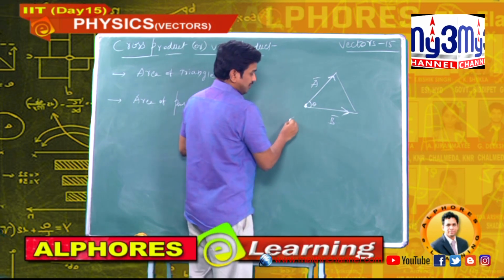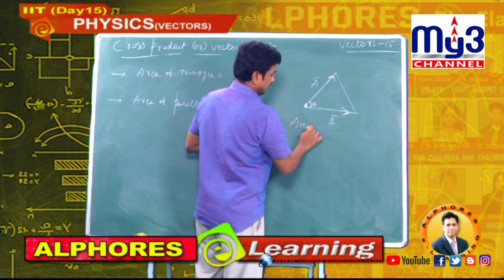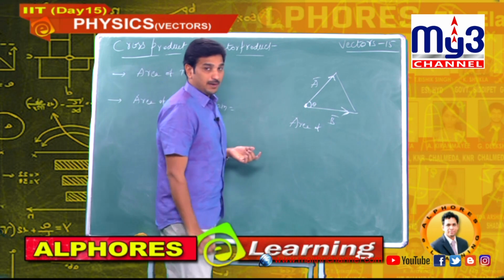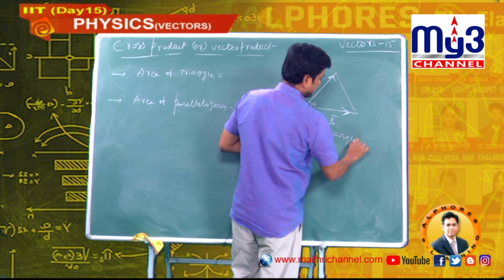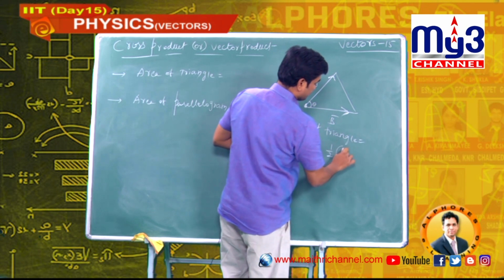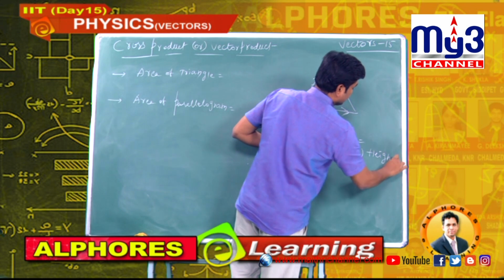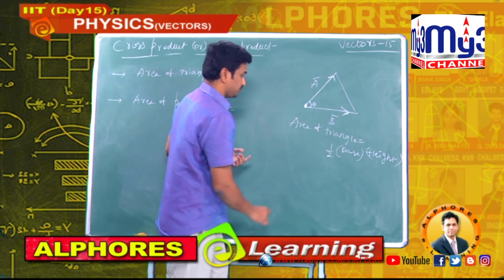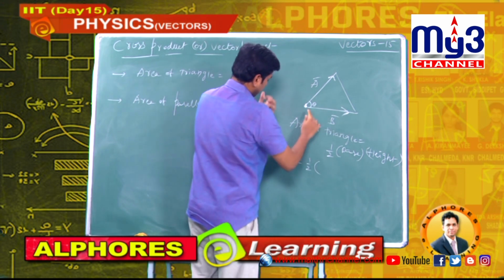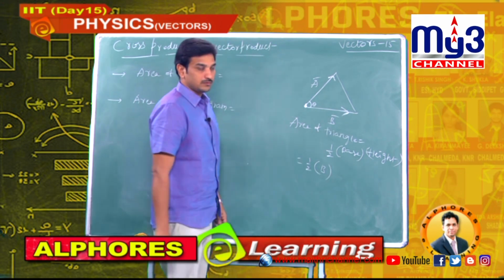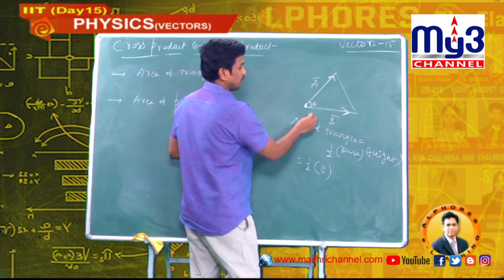What is the general formula for the area of a triangle, from our basic classes? Half into base into height. This you know very well. Half into, what is the base? Vector magnitude of b, base b. What about the height?